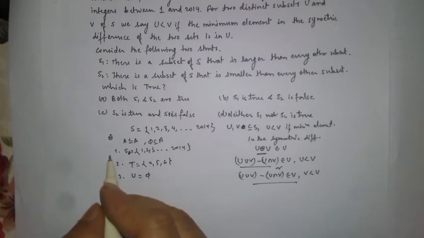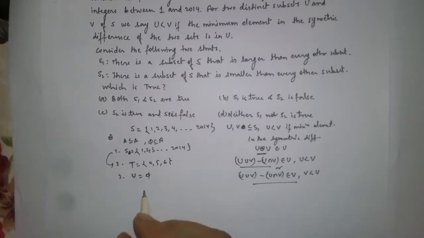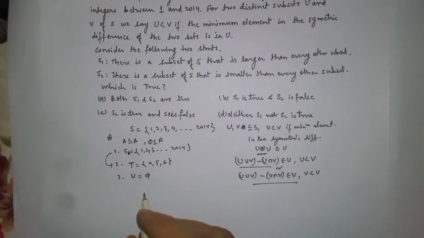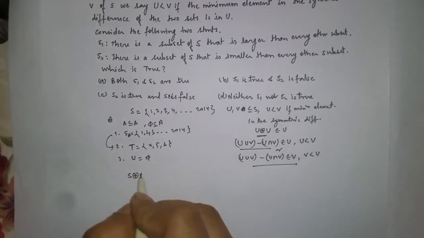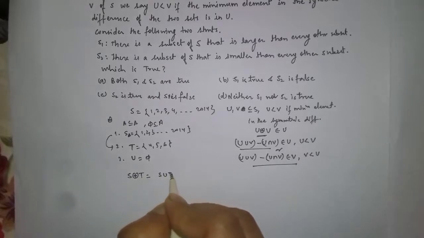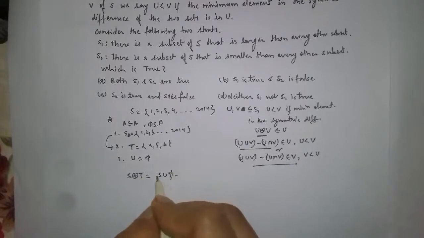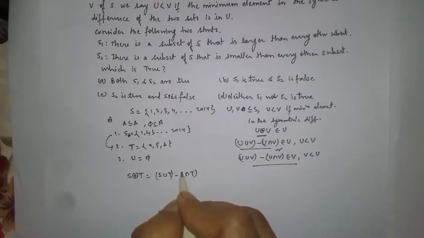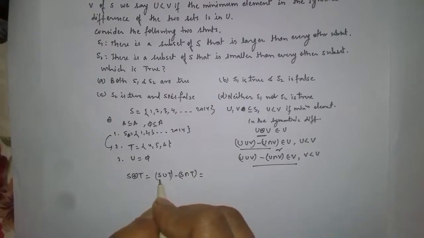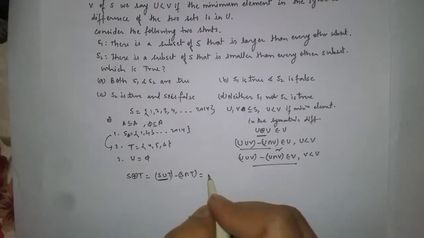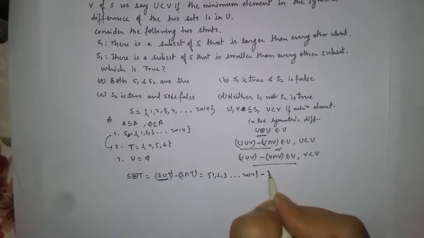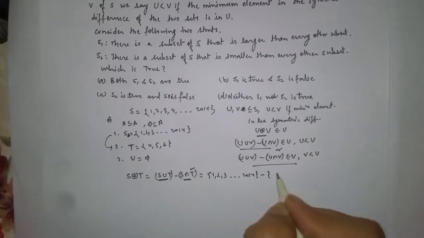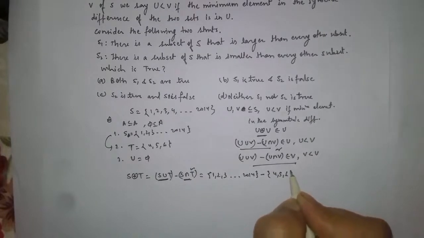Now we will do the symmetric difference between the first and second. S symmetric difference T is equal to S union T minus S intersection T. S union T will be the set S itself, 1, 2, 3 up to 2014, minus S intersection T, which will be T, that is 4, 5, 6.